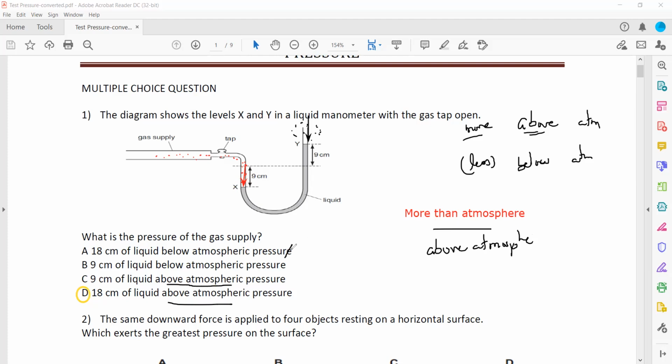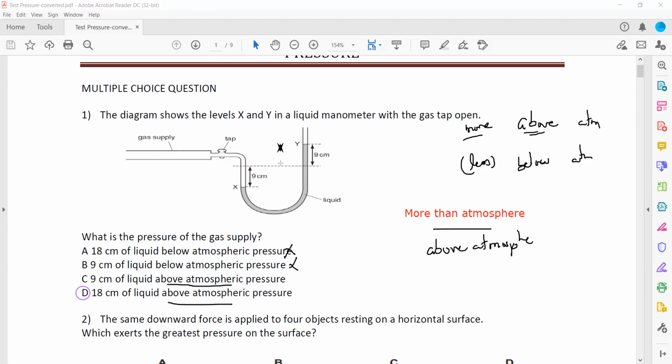It cannot be A or B because A and B show that the gas pressure is less than atmosphere. Now what about how much difference is there? The difference between the gas pressure and the atmospheric pressure is due to the difference in the level of the liquid.